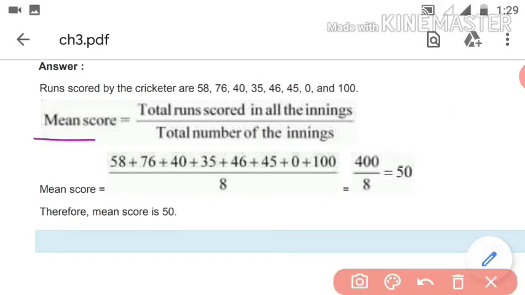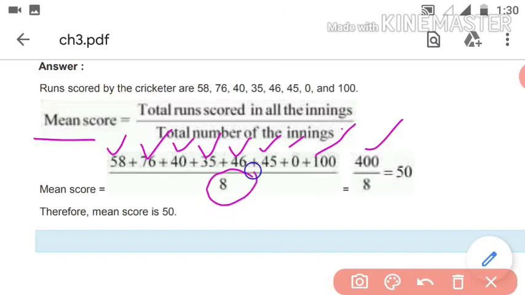Mean score is equal to the total runs scored in all the innings divided by the total number of innings. Now, how many runs? 58, then 76, 40, 35, 46, 45, 0 and 100. If you add all these values, the answer will be how much? 400. And the total number of innings, how many times did he play the game? 8 times, isn't it?